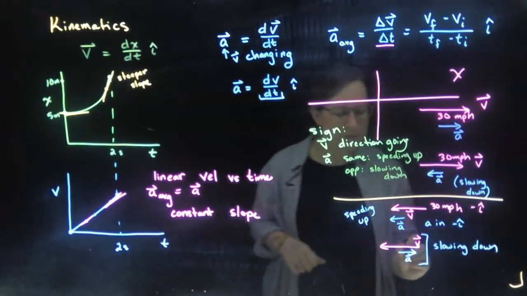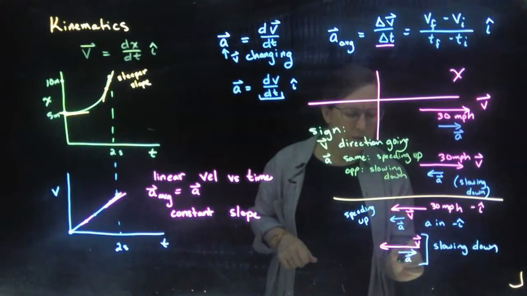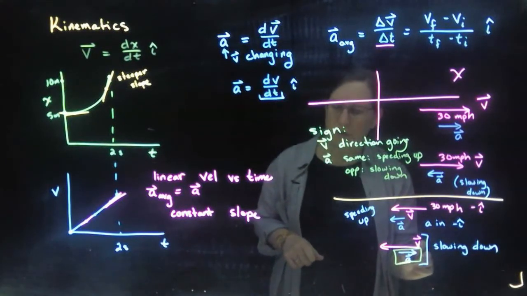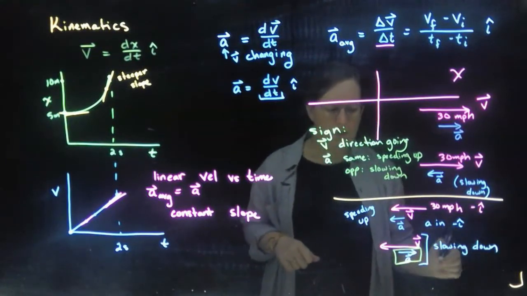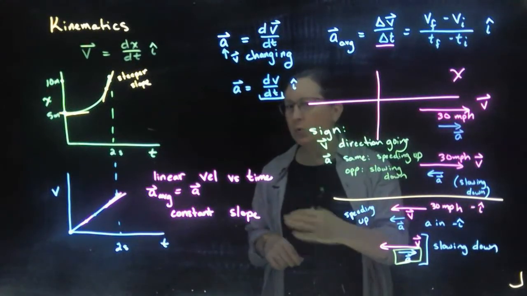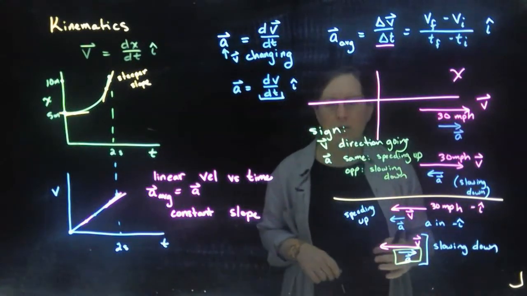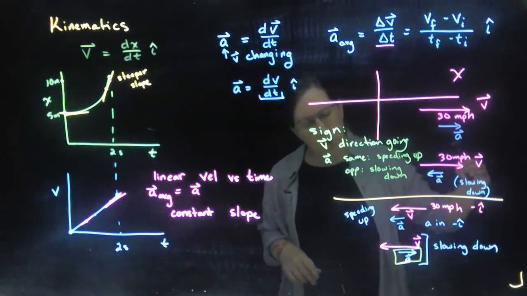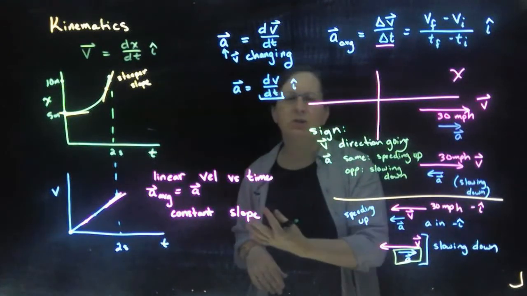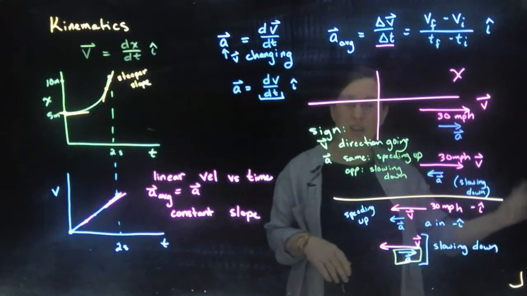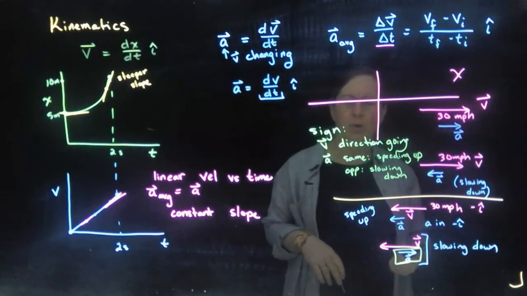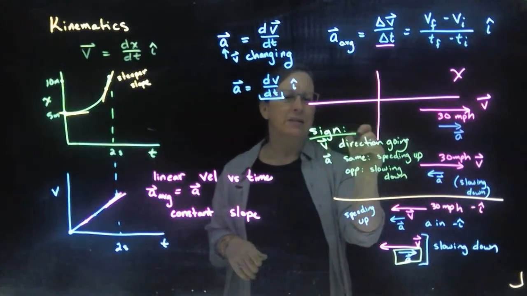So if we look, for example, our acceleration down here is in the positive direction, right? That's the positive direction. But because it's opposed to the direction you're going, so you're going 30 miles an hour south, but your acceleration is in the other direction, that means you're braking, you're slowing down. Okay, so that's what the signs mean.